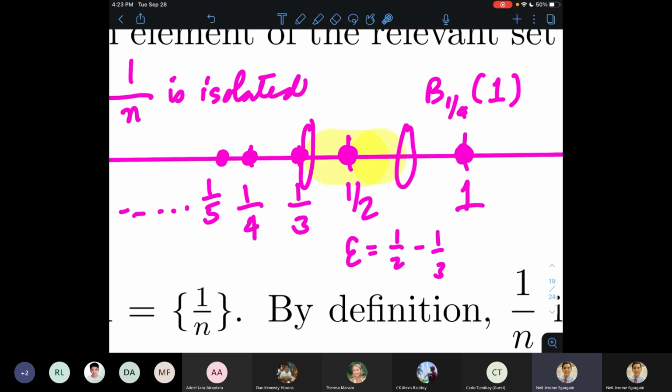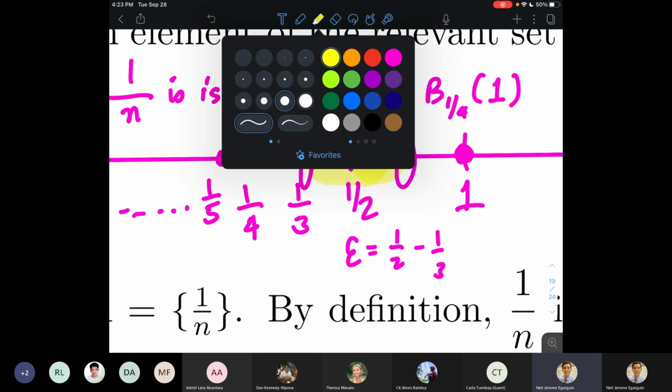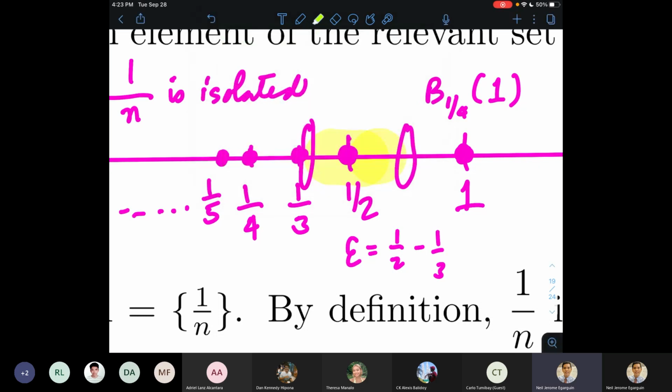Kasi pag pinili kong epsilon ay si 1/3 minus 1/4, yung epsilon neighborhood will look like this. Masyadong makapal yung marker ko, pero I hope you get the idea. Hanggang dito lang siya. Dun sa 1/4 not included.